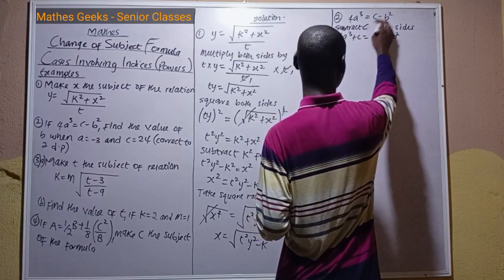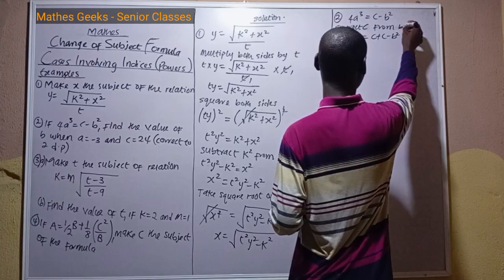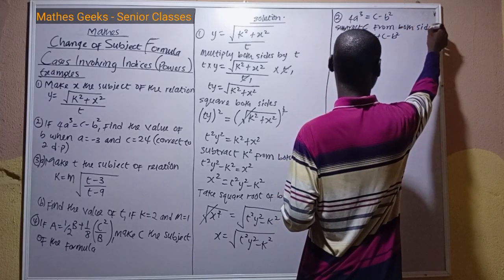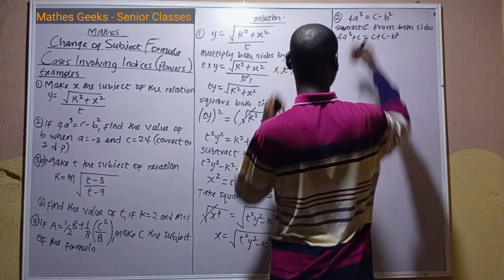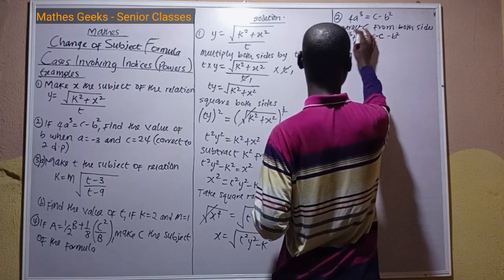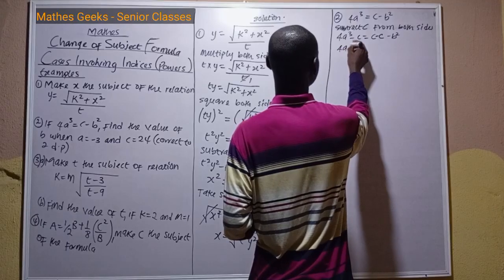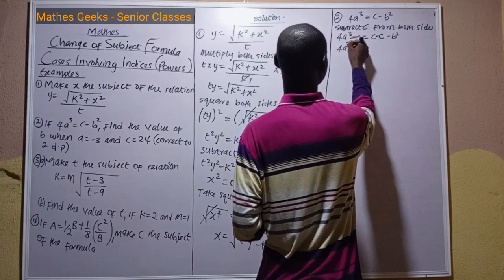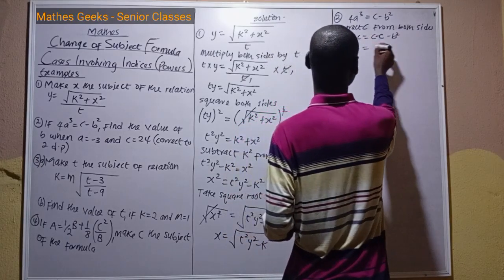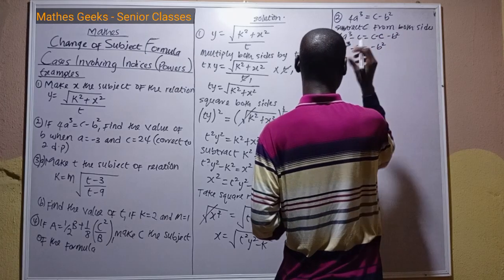Subtract c from both sides. c is positive, so I'm going to subtract c from both sides. 4a cubed minus c is equal to c minus c is 0, so minus b squared.